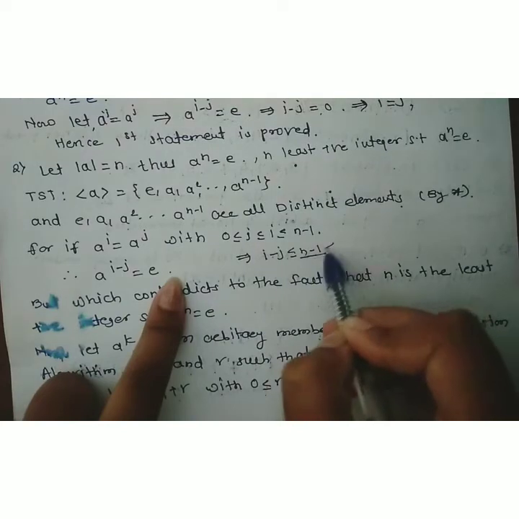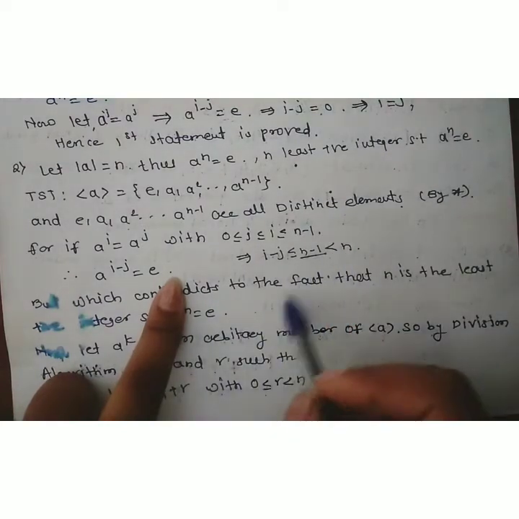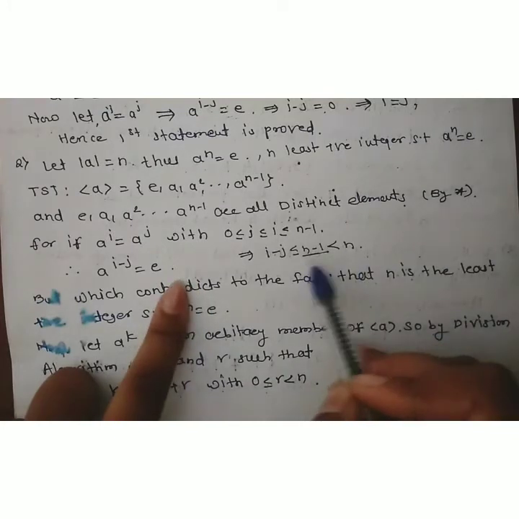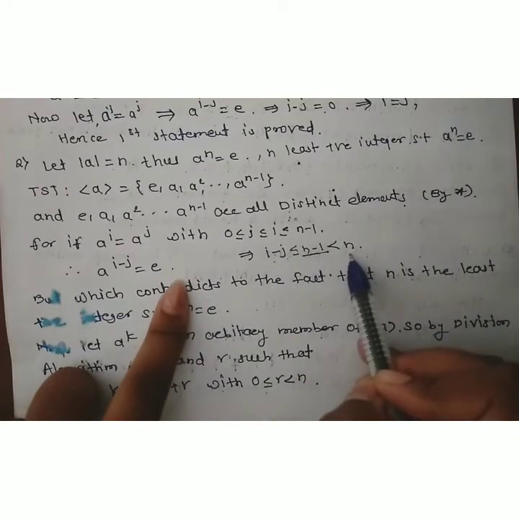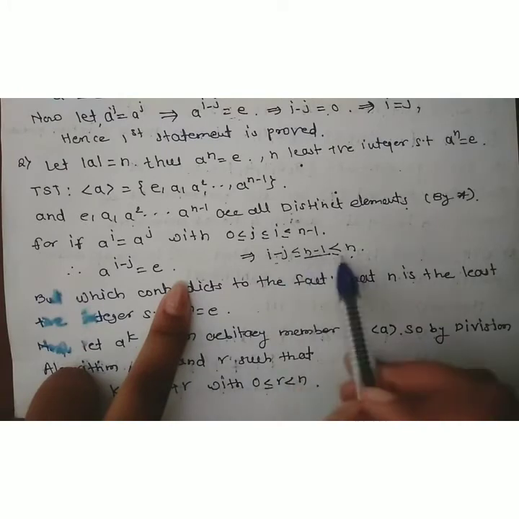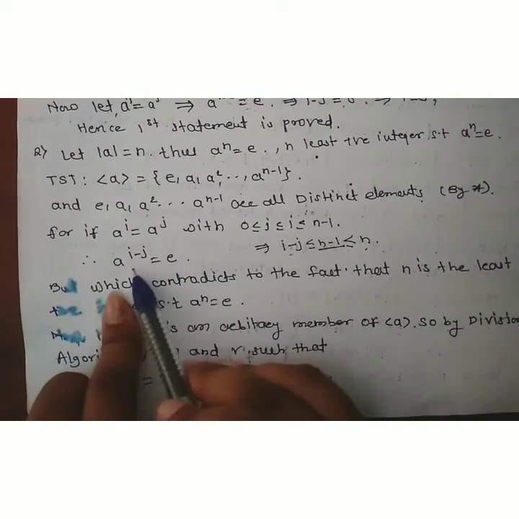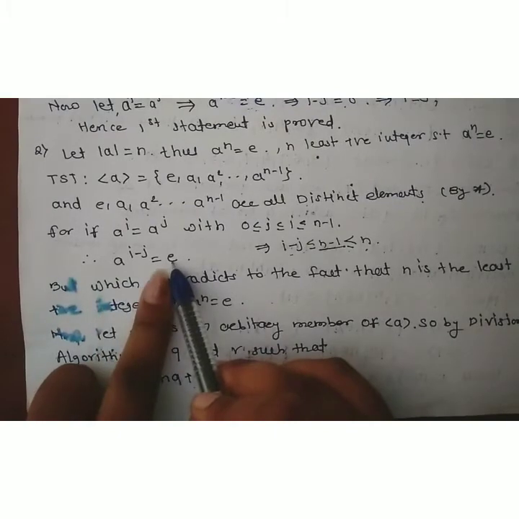We know that n minus 1 is less than n, so we find an element i minus j which is less than n such that a to the power i minus j is equal to identity.